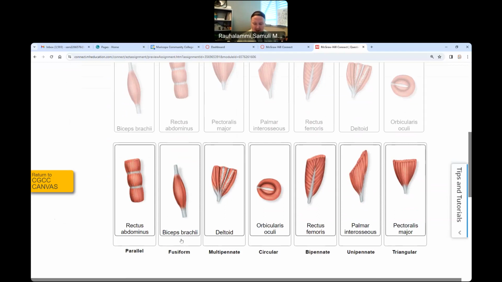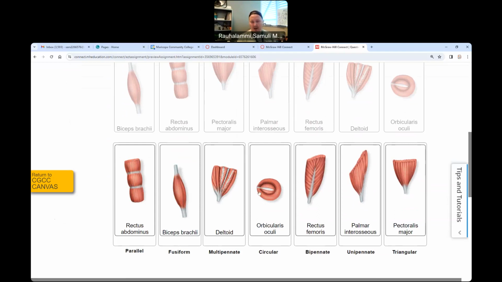Fusiform muscles, where we saw that we had this kind of spindle shape of the muscle, parallel fibers typically in the middle, that then attach to one or multiple ends. Biceps brachii was a good example of that. We're seeing another muscle, this time it's a multipennate one. So the fibers attach to multiple central tendons, in the case of the deltoid muscle. Circular arrangement, the ring-like arrangement.